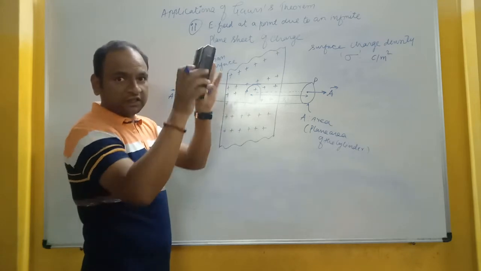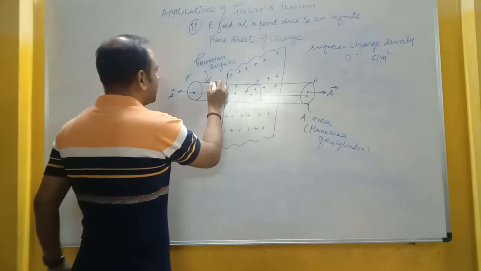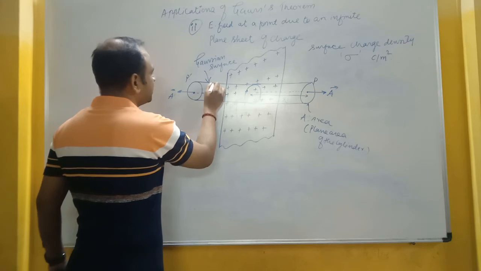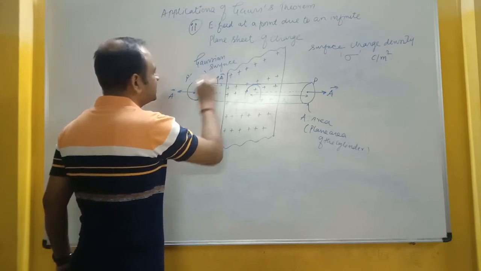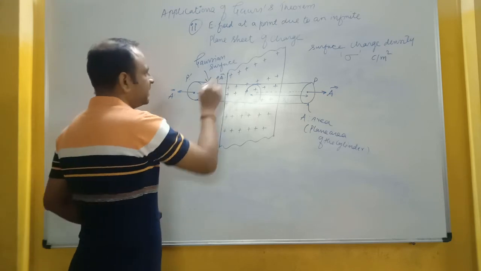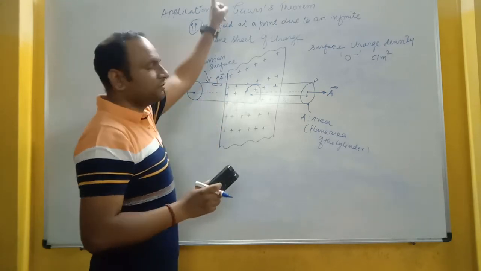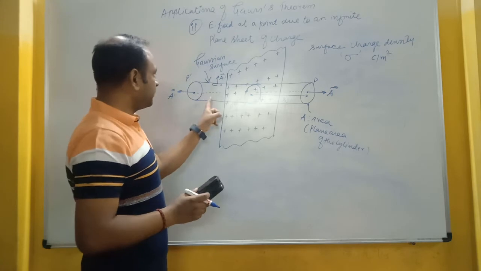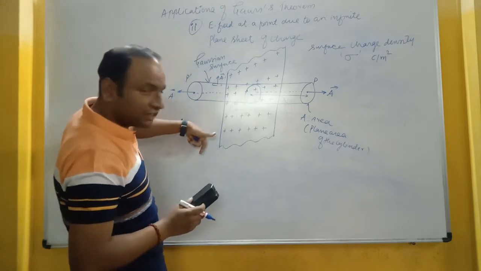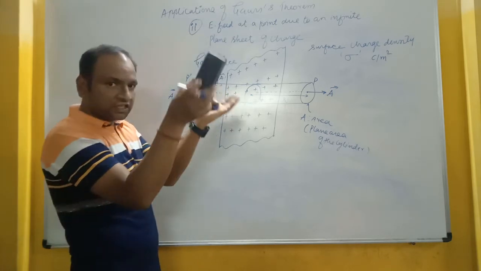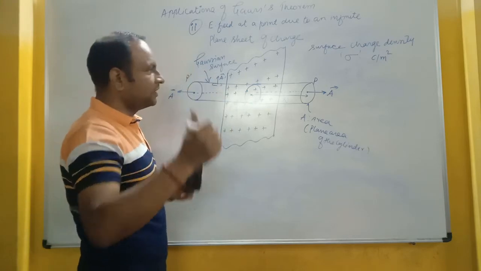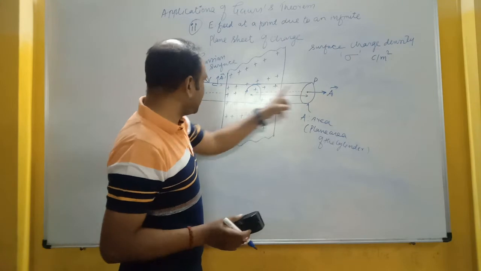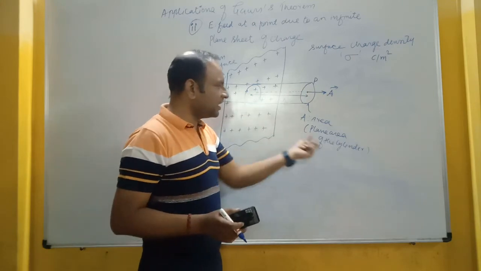If I consider a small area here somewhere, my area vector, A dash vector, would be in this direction. So this A is representing the plane area of the cylinder.